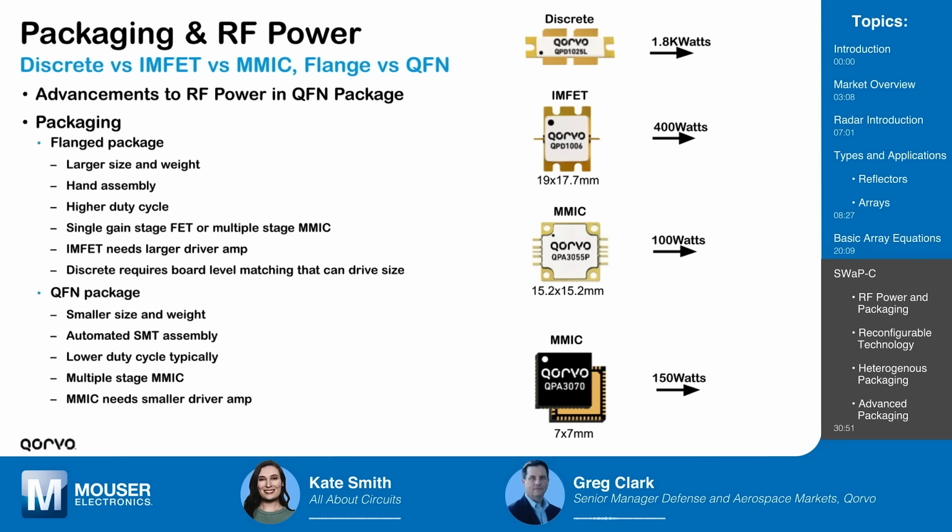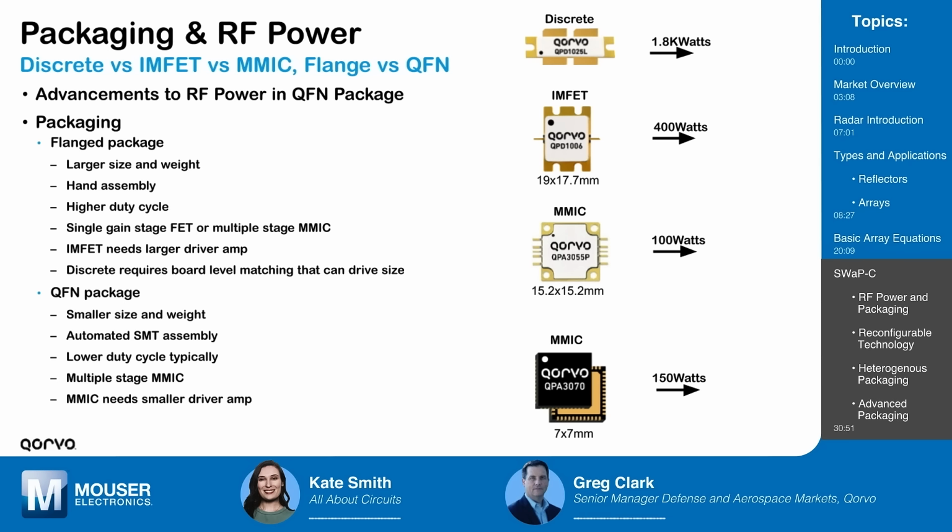This is the plastic overmold. So you take the MMIC or the FET even, you attach it to a lead frame, which is typically copper. And once you get all the wire bonding done, you put it into what's called the overmold machine, and it literally runs melted plastic across the top of it, and then you singulate that.